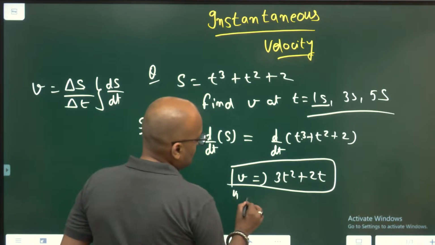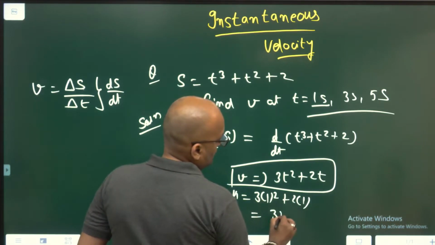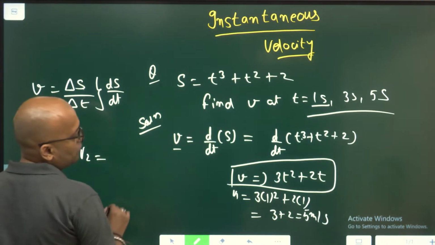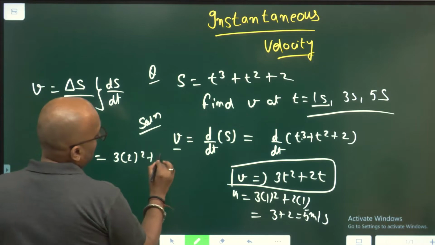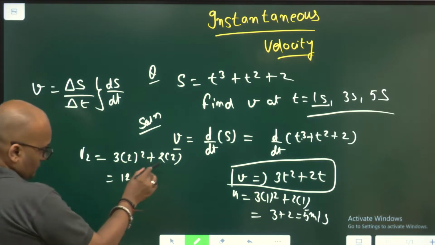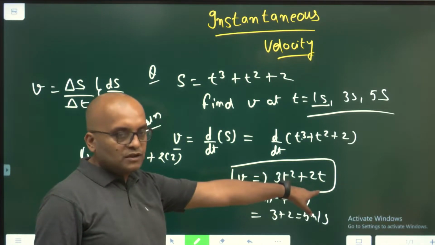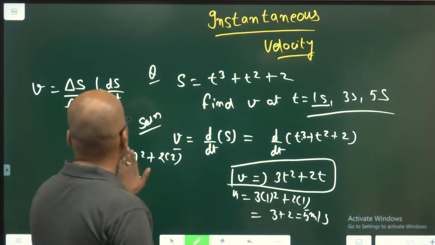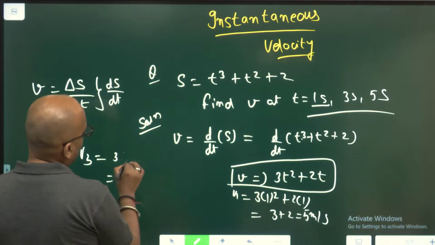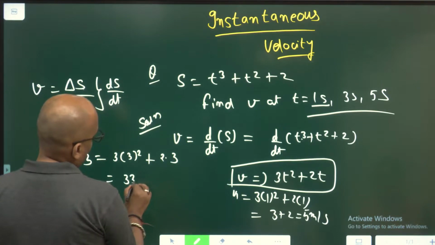Put t equals to 1 in place of t, you get 5 meters per second. Now put 2 in place of t: 3 into 2 square plus 2 into 2, that is 16. Now for 3 seconds: 3 into 3 square, 27, plus 6, that is 33.